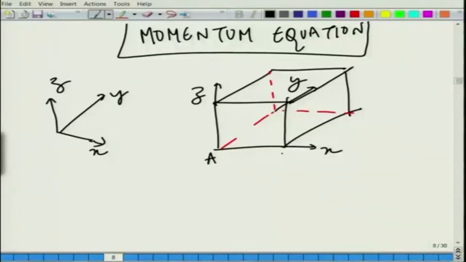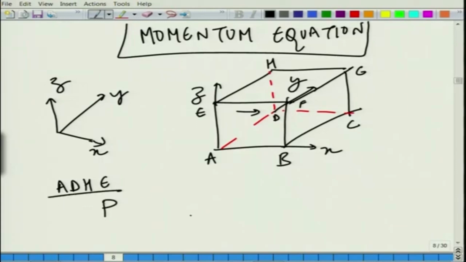If we name the vertices A, B, C, with the inside vertex D, E, this one F, G, H, then on the face A, D, H, E the force that acts along this direction is due to pressure P. Let us work with the total pressure.